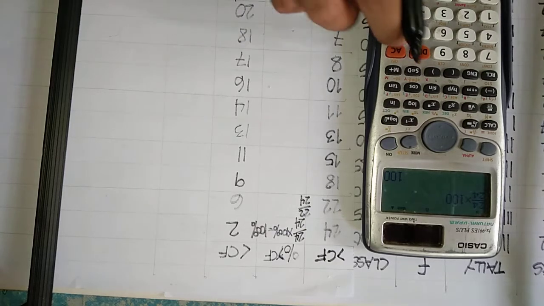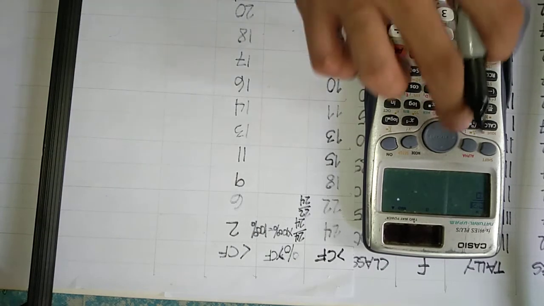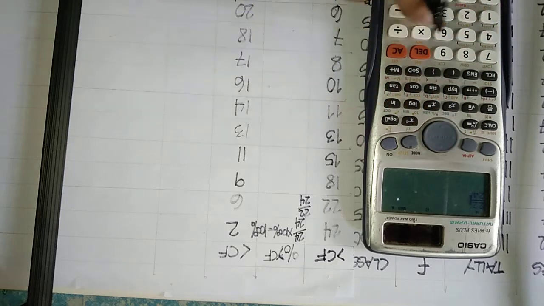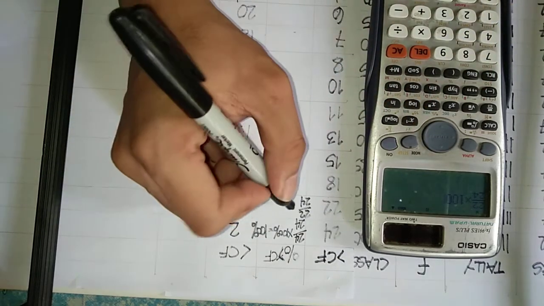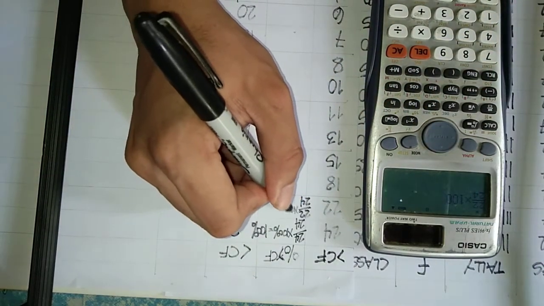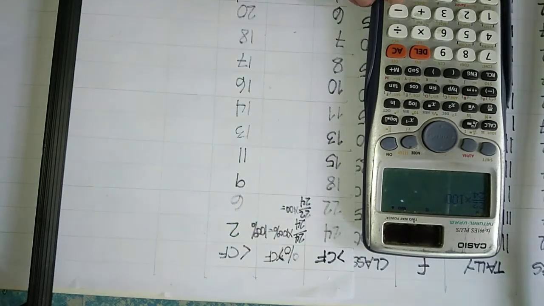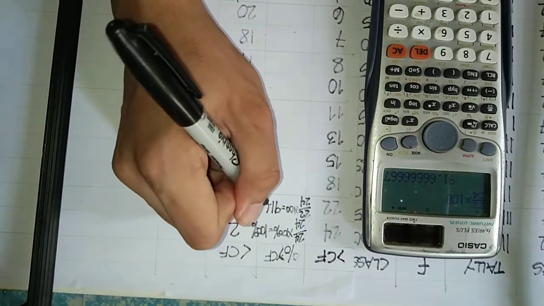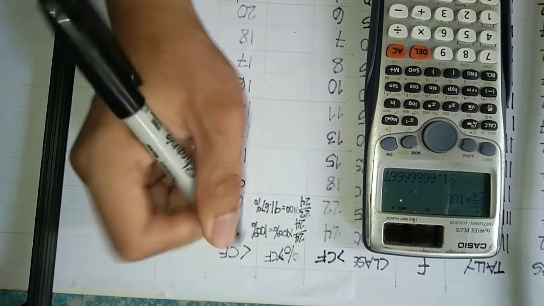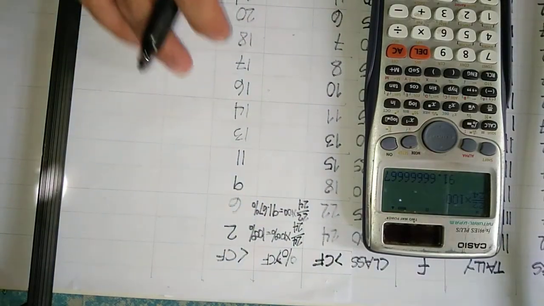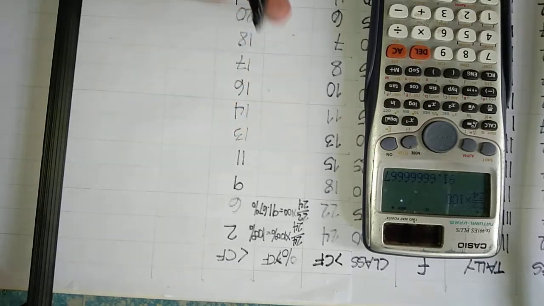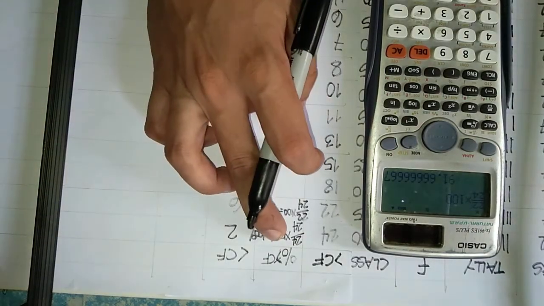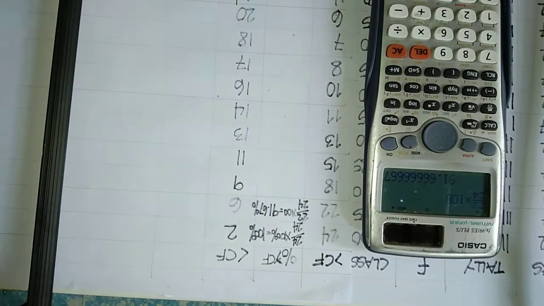So 22 divide 24 times 100, and that is equal to 91.67%. So yun lamang ang process na gagawin natin throughout this percentage less than cumulative frequency. So atin siyang isosolve again.